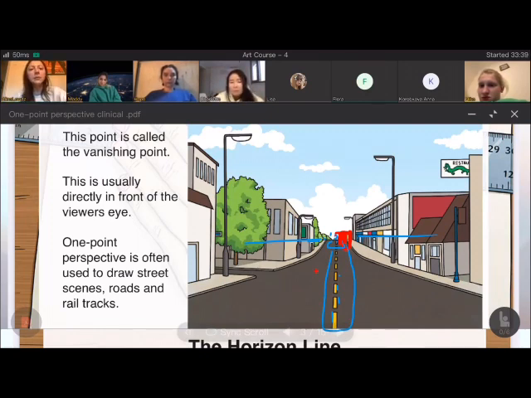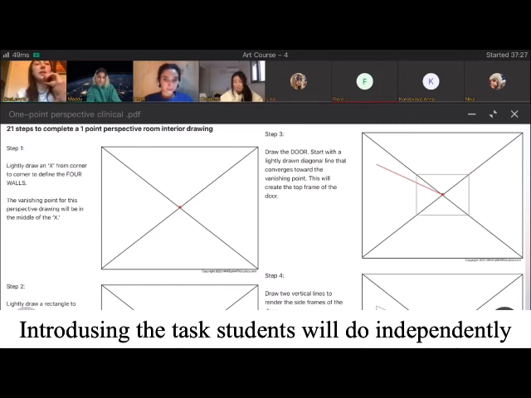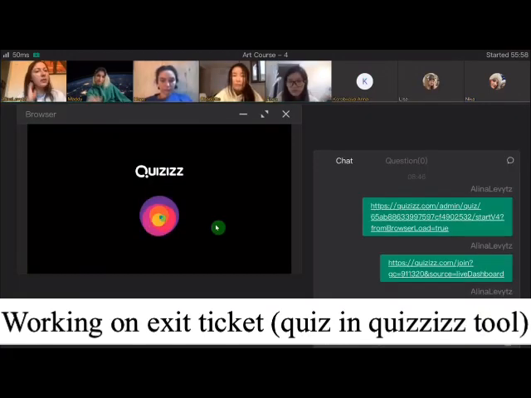Of course, one more thing is that one-point perspective is usually used to draw streets, cities, and things like this. It's more common. I will be moving down slowly. Try to not press hard on the pencil when you use helplines.